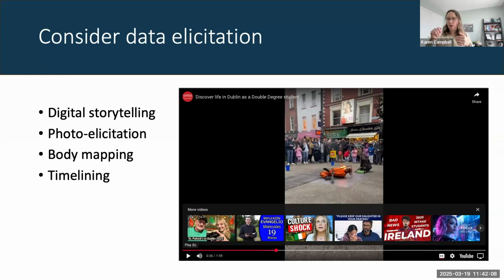They can create darker lines or color in darker spaces for pain that's more intense. You might not give them too much direction, maybe a little bit, but not overly direct them. And then ask them, so I see that you used the color pink here and the color blue there. Was there any reason for that? And maybe there is, and maybe there's not, but those are different ways in which you can gather that.